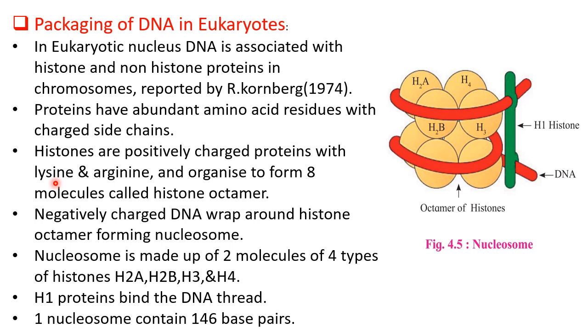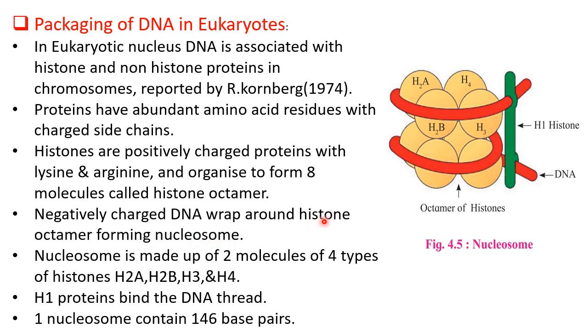These histones organize themselves to make a unit of 8 molecules known as histone octamer. Then, due to the positive charge of this histone protein, the negatively charged DNA gets wrapped around the histone octamer, forming a structure called nucleosome.